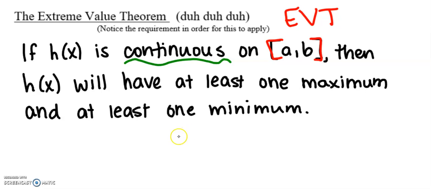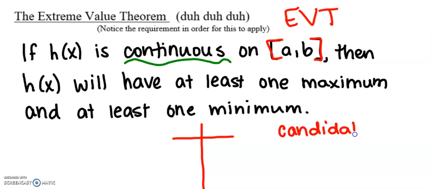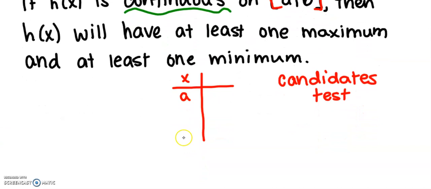The way we do this is what we call a candidates test. A candidates test is where we line up all of our potentially interesting x values. Our potentially interesting x values are going to be the endpoint a, the endpoint b, and then any critical numbers that we find in between a and b.